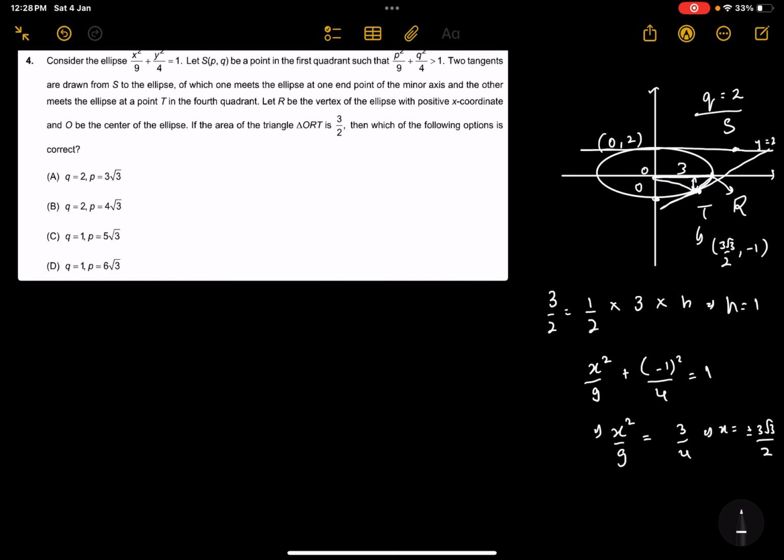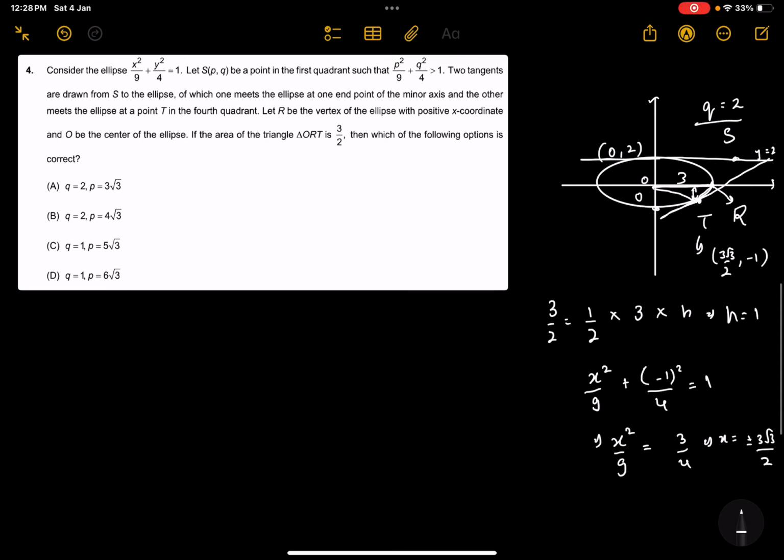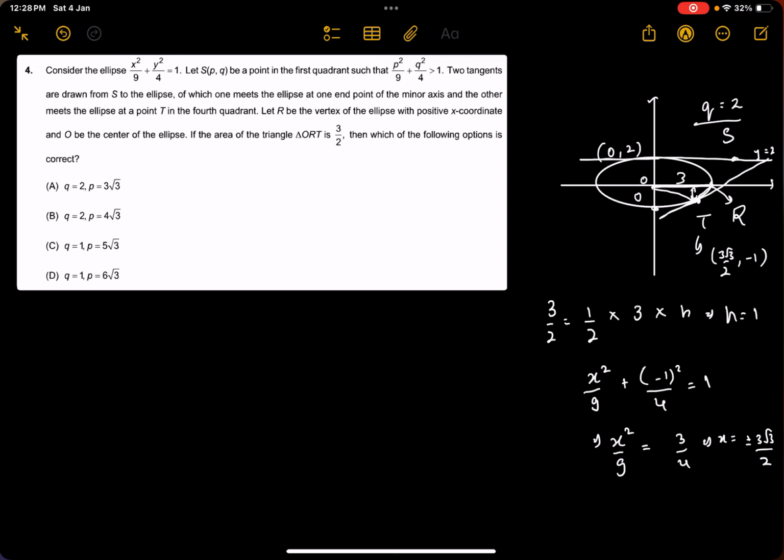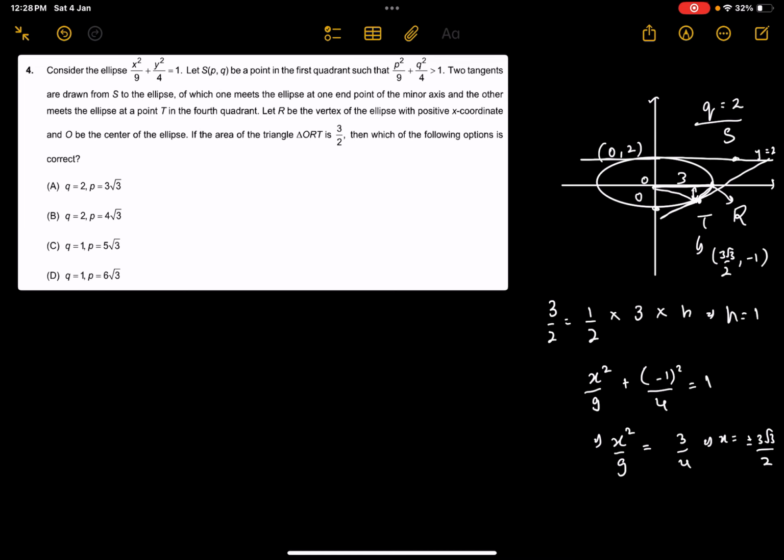Given the coordinates of T, the equation of the tangent at T can be found simply by T = 0, that standard result we remember. So basically the tangent at (x1, y1) on an ellipse is given by x1/a² + y1/b² = 1.